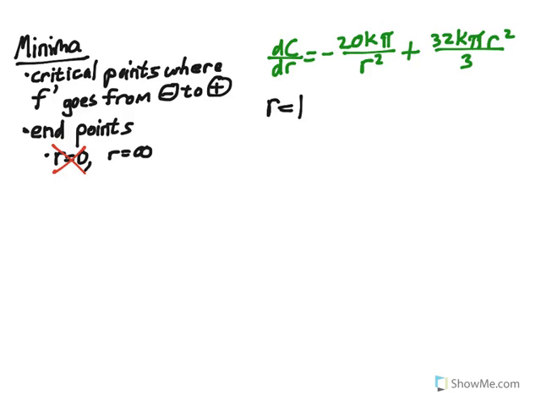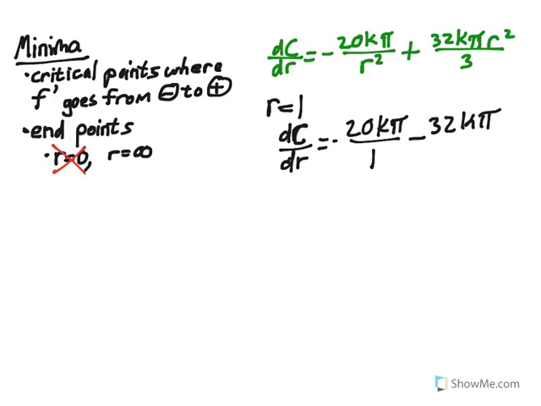So at this stage, dC/dr is going to be negative 20 k pi over 1 squared, which is just 1, minus 32 k pi over 3 times 1 squared, which is 1.